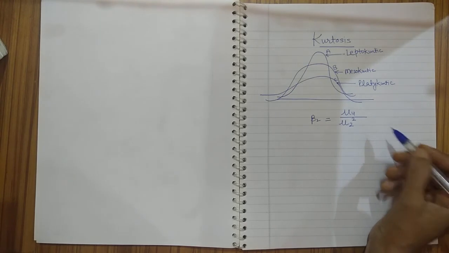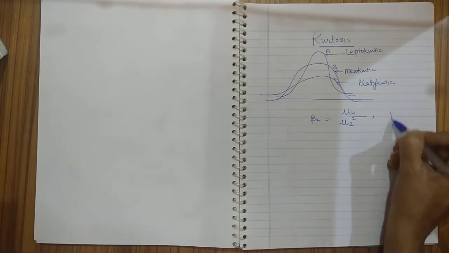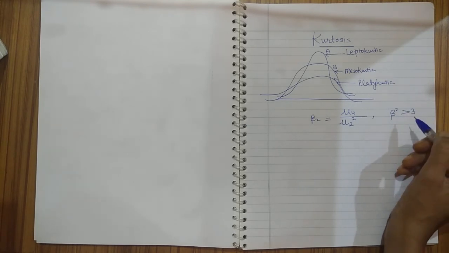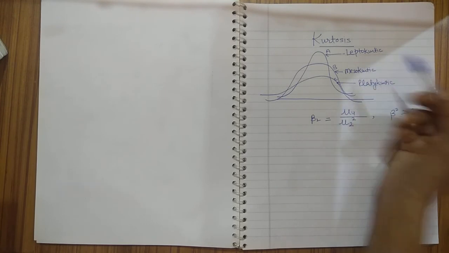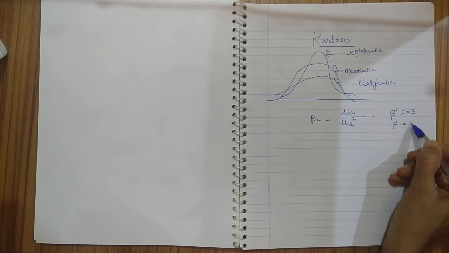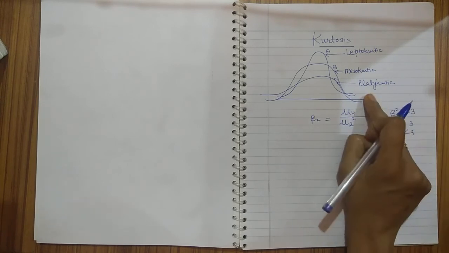Now, how do we conclude? By using the value. If your beta 2 is greater than 3, it is known as leptokurtic. If beta 2 is equal to 3, mesokurtic, and if beta 2 is less than 3, it is a platykurtic distribution.